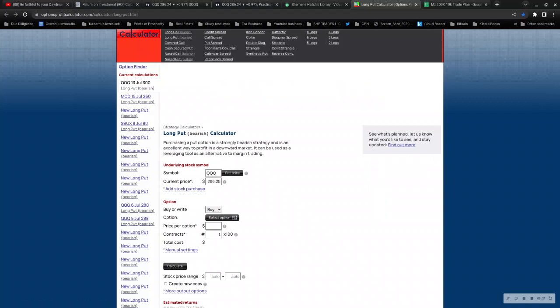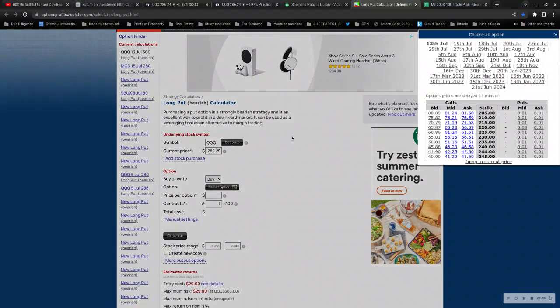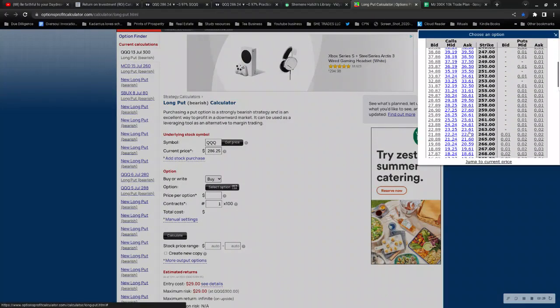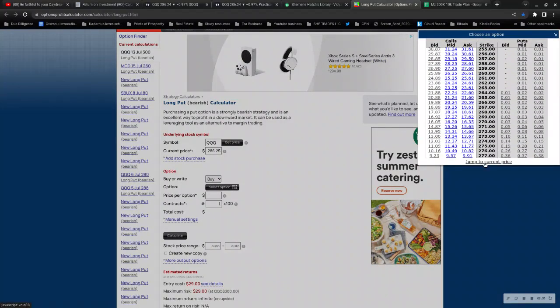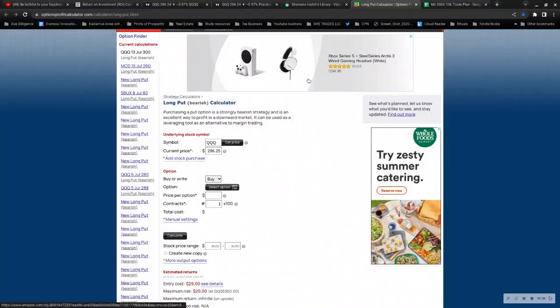So the current price is 286, and I currently think tomorrow will be a green day. And let me go back and make sure Sherry saw what I did. Right here where it says symbol, I typed in my symbol, my baby, QQQ.